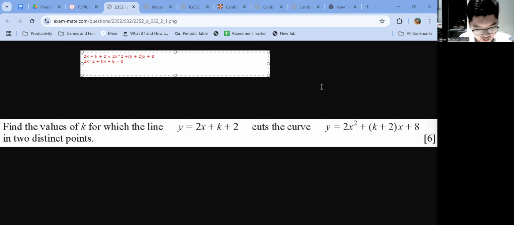that would mean that we have to solve this as a quadratic inequality. B squared minus 4ac, which gives, right? Yes.